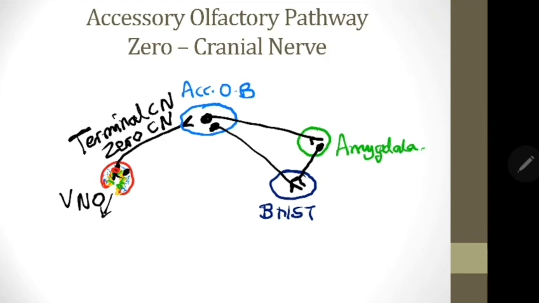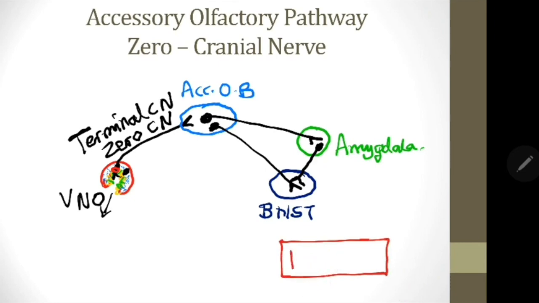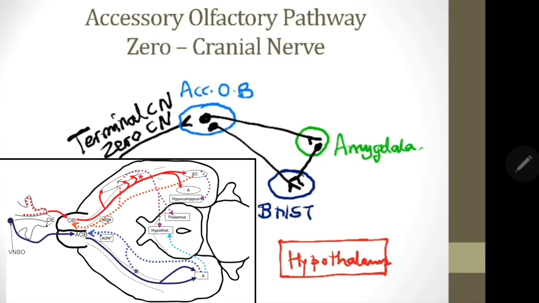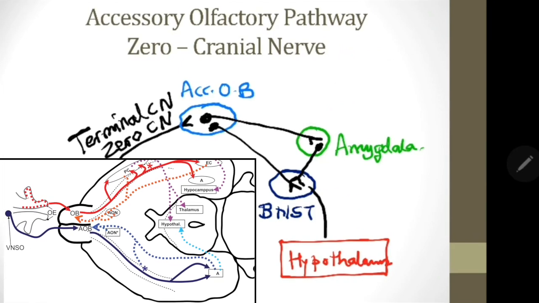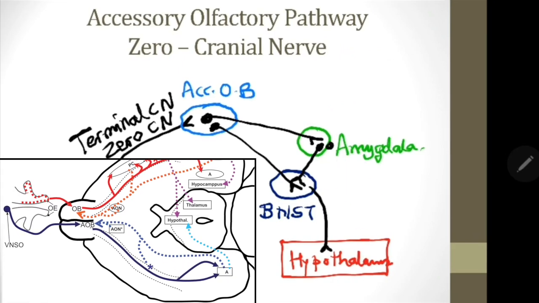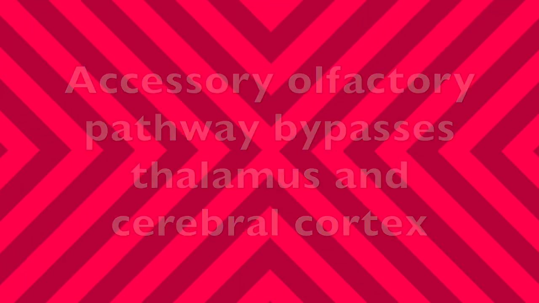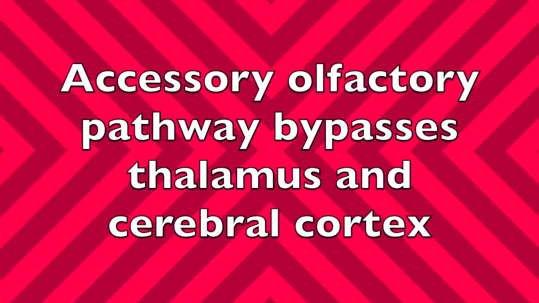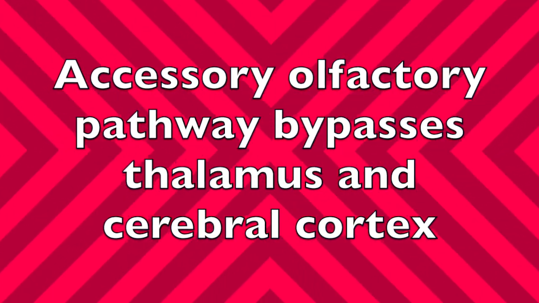And the destination, where it will finally reach, is the hypothalamus. So the third order neurons from the bed nucleus of stria terminalis as well as from the amygdala will relay here in the hypothalamus. So you've seen that this accessory olfactory pathway bypassed both the thalamus and the cerebral cortex.